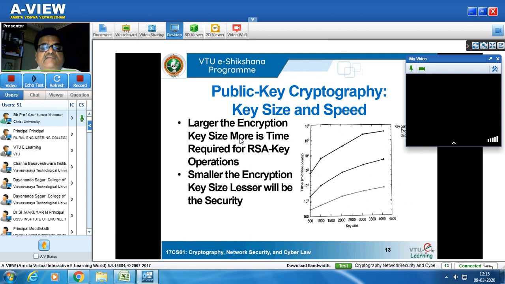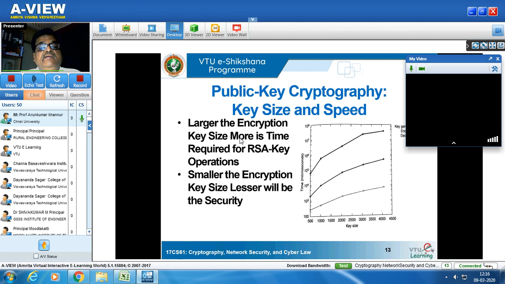So we have to address both these aspects. If the key size is smaller, then security will be less. If the key size is larger, then the entire exchange of the message will be very slow. So we try to balance that.